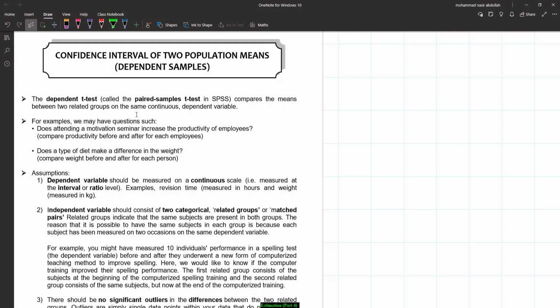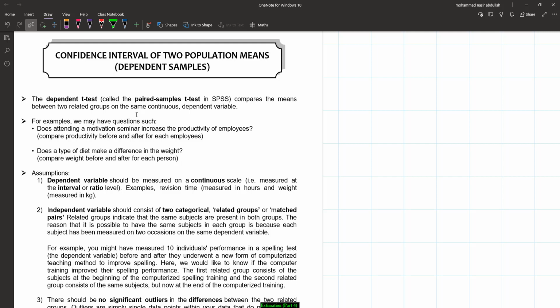But for dependent samples, you have two sets of data where all the observations are the same. Meaning group A, I measure two times, meaning entrance survey and exit survey. The entrance survey and exit survey are answered by the same students. So I have 30 students, the same 30 students.